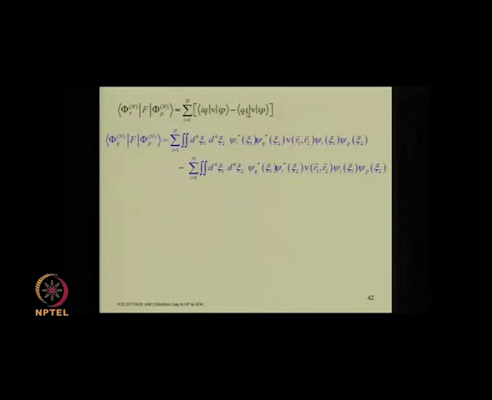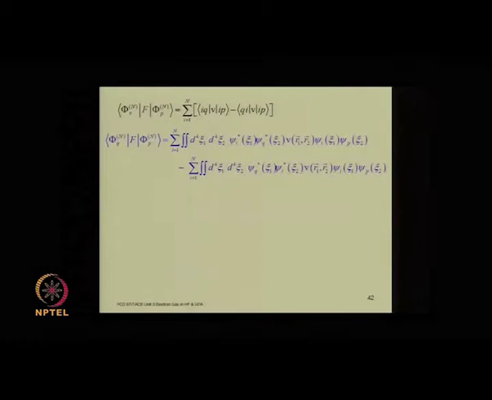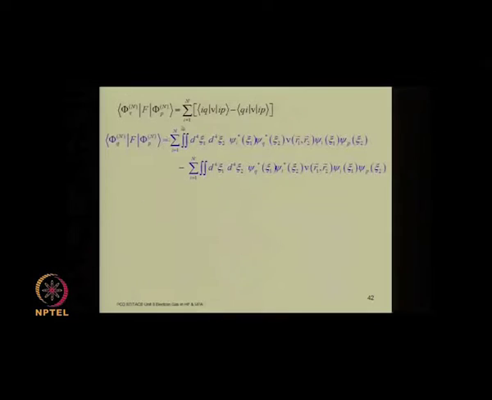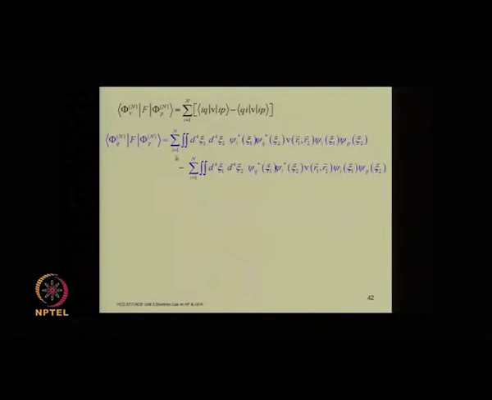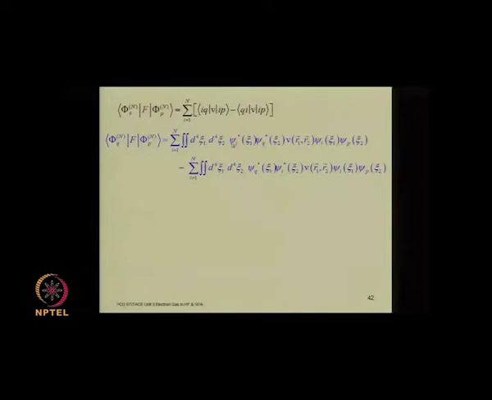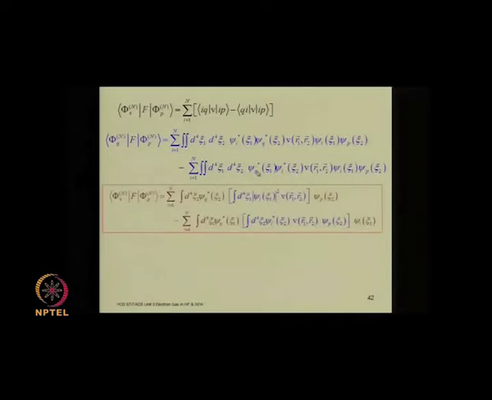This is written in the Dirac notation. I have spelled it out fully as integrals. It is the same term, but you have got the sum over i going from 1 through n, which is here, and then you have these 4 dimensional integrals inclusive of the summation over the spin variable. And now I am doing a little bit of rearrangement of the term. Both the terms are double integrals, integrations over xi 1 and xi 2. So, I sandwich the integration over xi 1 in the middle and pack all the terms in xi 1 inside this term.